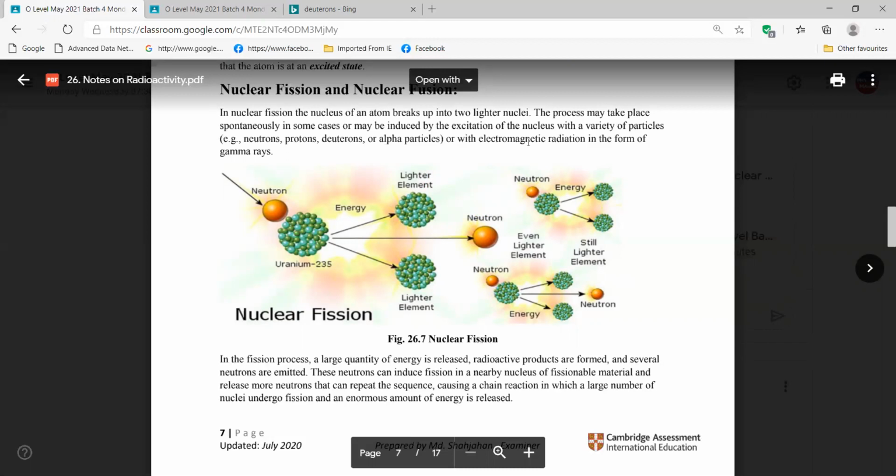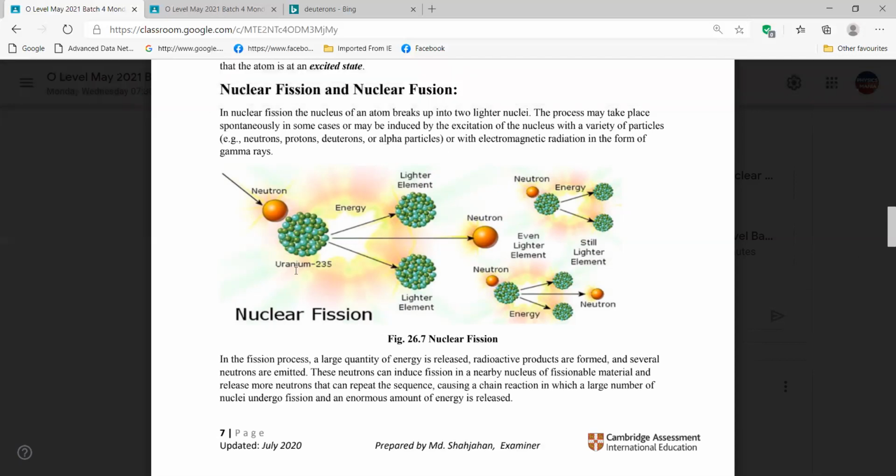These neutrons can induce fission in a nearby nucleus of fissionable material and release more neutrons that can repeat the sequence, causing a chain reaction in which a large number of nuclei undergo fission and an enormous amount of energy is released.